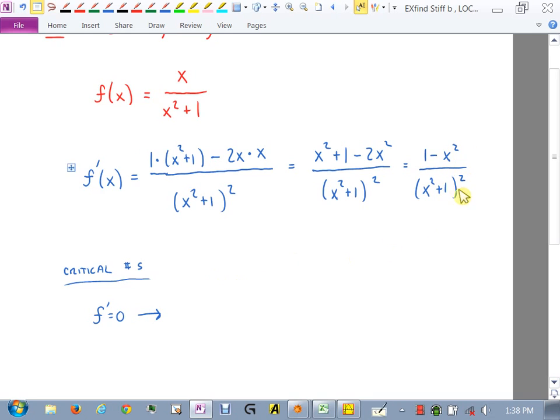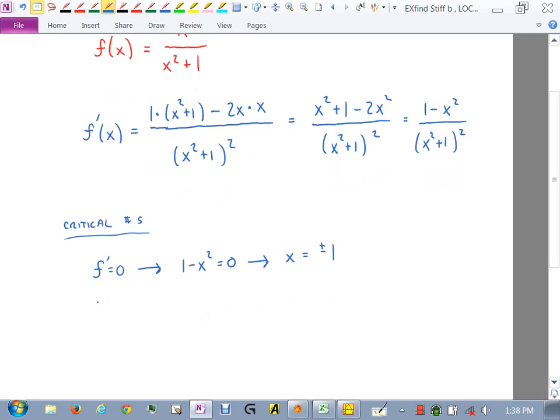Only the numerator, right? So 1 minus x squared equals 0, which gives you x equals plus or minus 1. Two numbers, right? Positive and negative 1. You could have done that by difference of squares here. 1 plus x, 1 minus x, set them both equal to 0. Or you could have moved the x squared to the other side, did square root, did plus or minus on both sides. Either way, you're going to get two solutions.